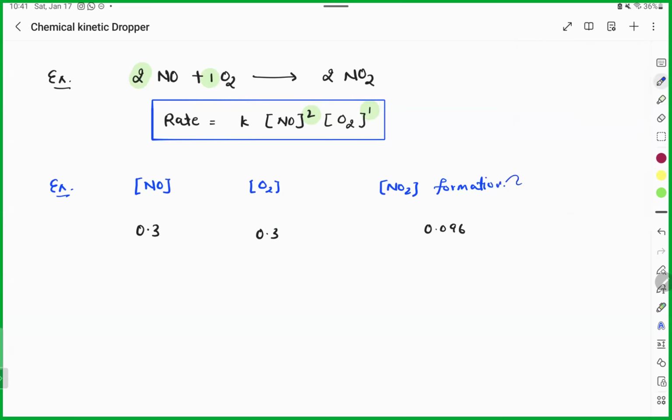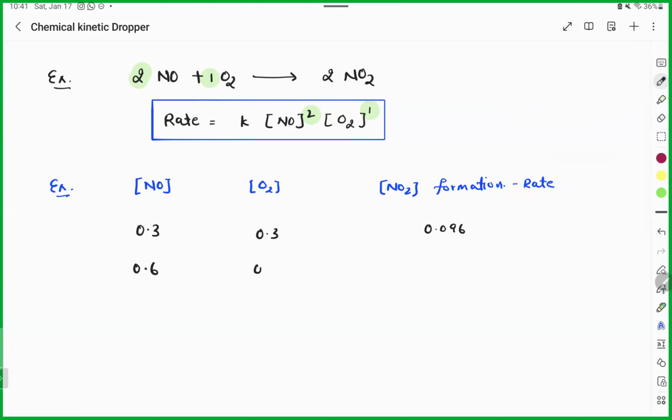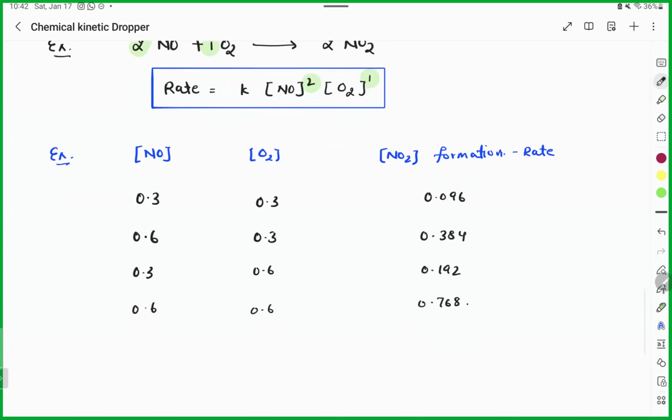This was a rate, and NO2 formation rate, because rate in every situation remains same. Jordan, actually you have doubt in this table, correct? Yes, sir. 0.384. So make the same table. Okay. So this is the table given to you.